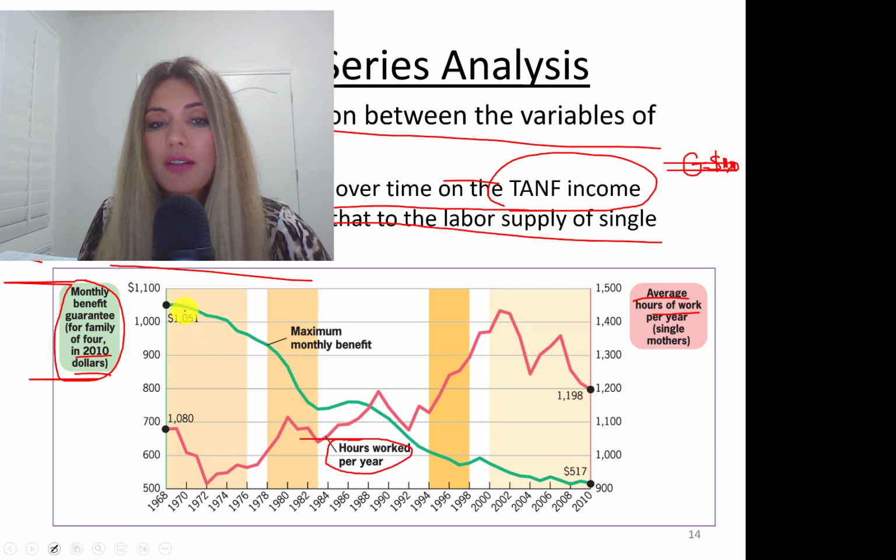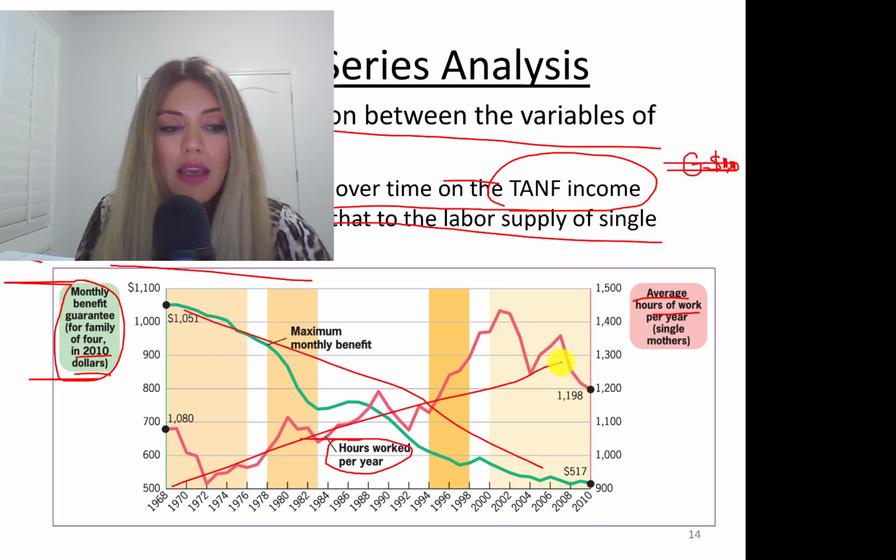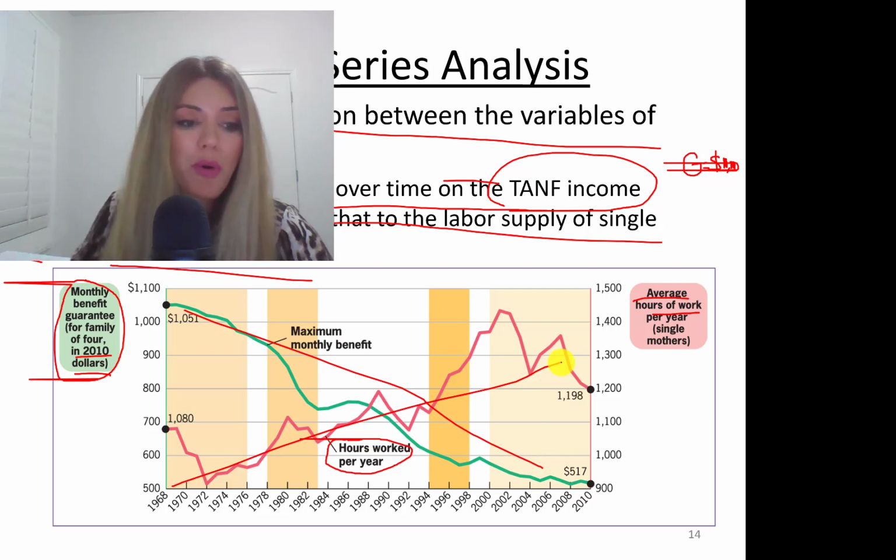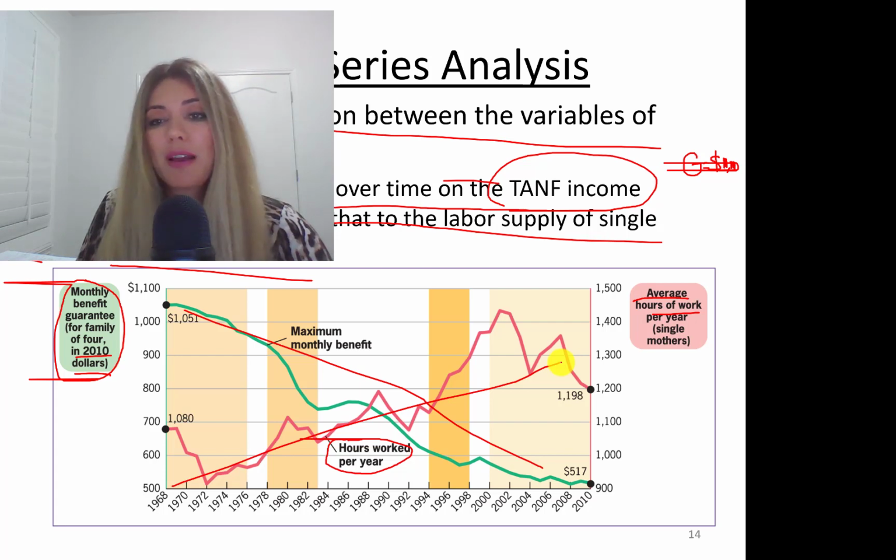So one is going down, one is going up. Okay, apparently this supports that cutting off Temporary Assistance to Needy Families benefits should increase labor supply.